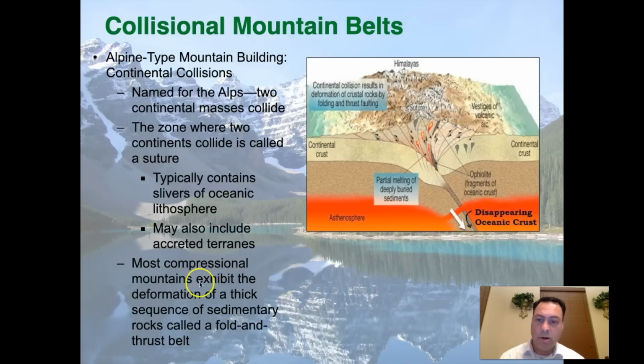Most compressional mountains exhibit the deformation of a thick sequence of sedimentary rocks called a fold and thrust belt. So there's folding, there's thrust faults, there's all the stuff associated with the compression of continents all in one mountain belt. It's a lot of stuff going on in mountains. And we're going to dig into three primary examples. We're going to start off with the Himalaya, and then we're going to transfer ourselves from the Himalaya to the Appalachian Mountains.